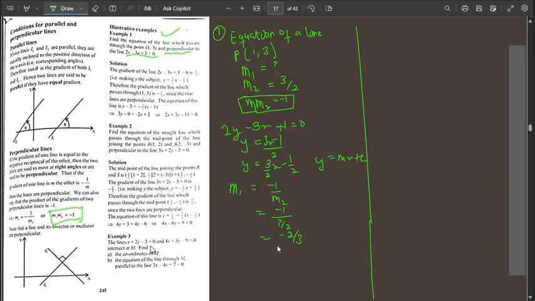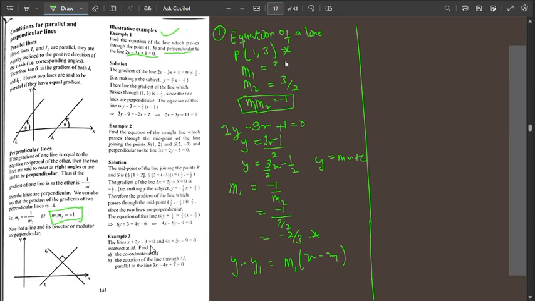This is the gradient of the line I'm finding. Now I have the gradient and I have a point. With these two, I should be able to find the equation of the line. I'll state my formula: y minus y1 is equal to m1 into bracket x minus x1.